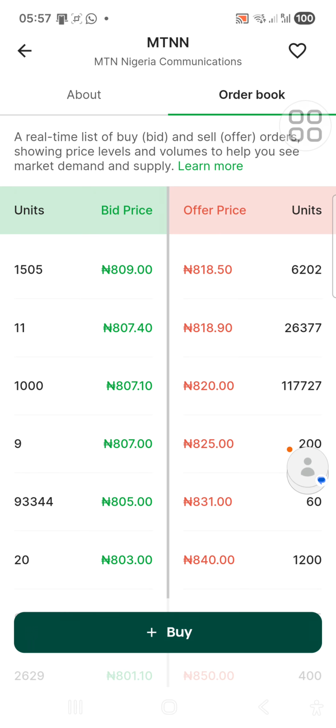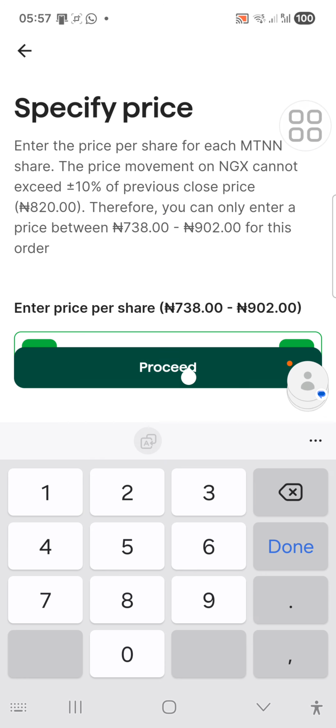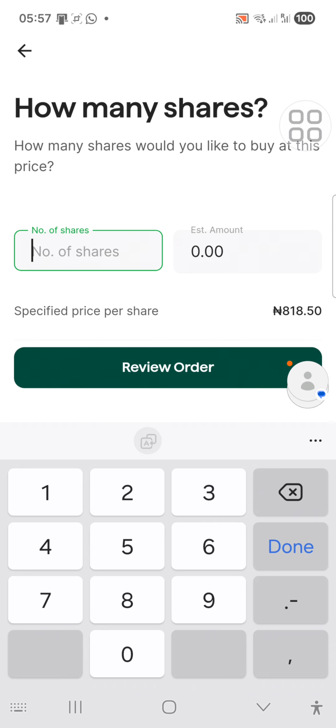So you click buy again, limit order, and then you type in 818 naira 50 kobo. And then you click proceed, and then you double check. Specified price per share, 818 naira 50 kobo. That is the amount you have specified that you want to pay.